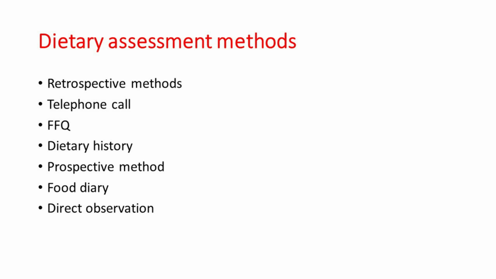Positive aspects of the method are lack of forgetting bias and ability to obtain random days of intake. Negative aspects include high respondent burden, refusal to record intakes, need for an expert observer to review and clarify intakes reported, tendency of respondents to alter food intakes when they know that they are under observation, and cost of data analysis.